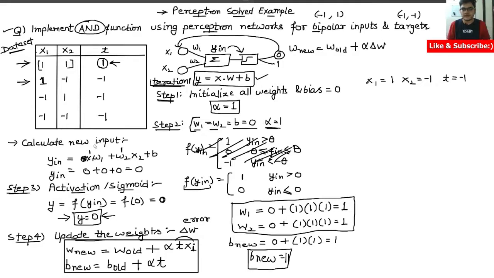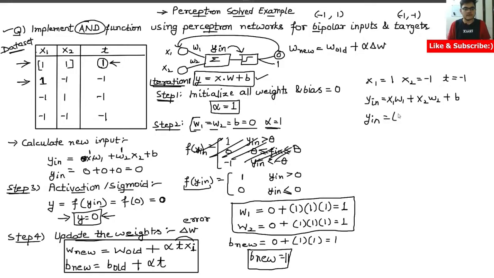Now we have to calculate the new input, which is equal to x1 w1 plus x2 w2 plus the bias. Remember, the bias and weights have changed in the previous step.